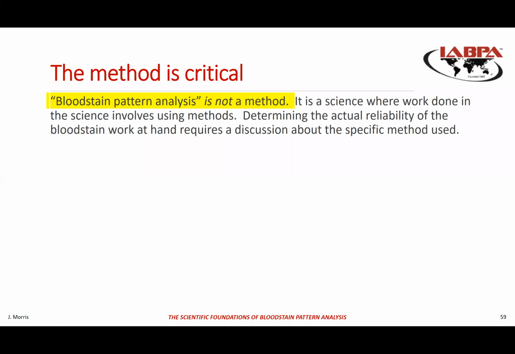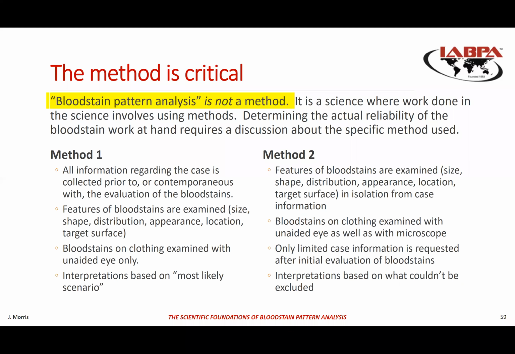Bloodstain pattern analysis is a science that uses methods to come to those conclusions. And determining the reliability of the conclusions means an evaluation of the methods. Here are two methods that could both fall under the larger umbrella of bloodstain pattern analysis. But if you look at the information that is used and the order of the information, they are not the same.